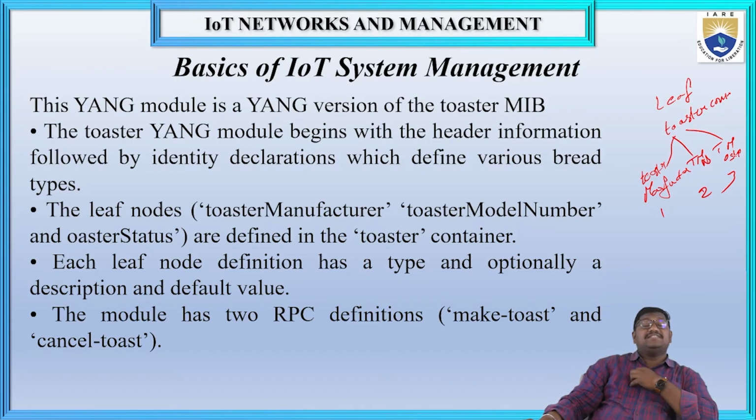These three are officially called leaf nodes for the container called toaster. Each leaf node definition has a specific type, and optionally there will be a certain value which is defined for it. This module consists of two RPC definitions, such as make-toast and cancel-toast.